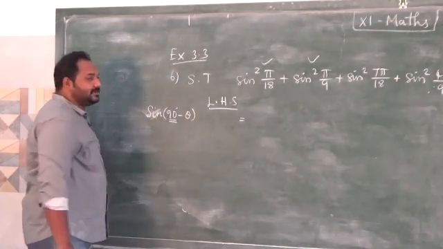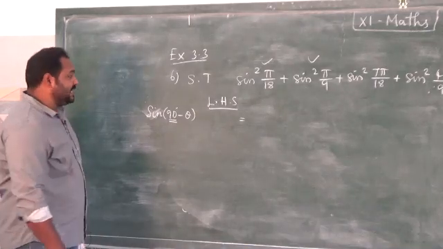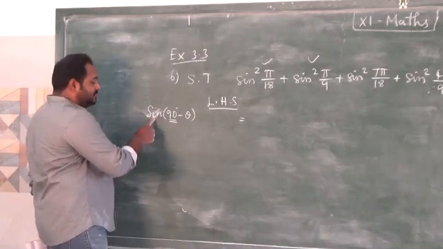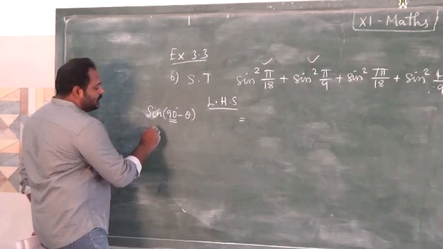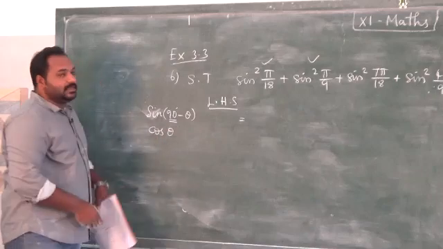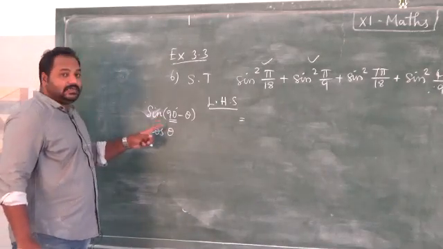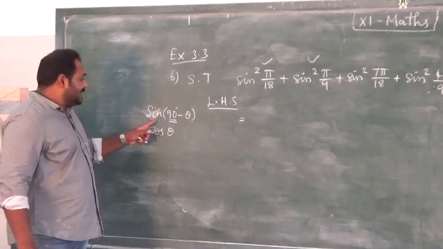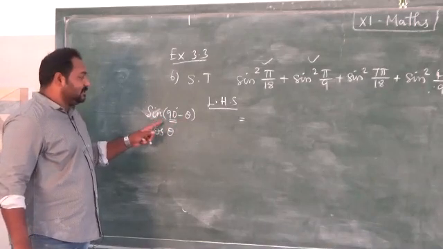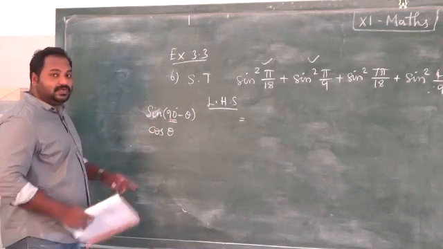Since we have 90, as I told you already in the previous classes, for 90 and 270 we have to change to the co-ratio. So the value of sine of 90 minus theta is cos theta. Sine of 90 minus theta and cos theta both are equivalent. Since 90 is there, we have to change into cos.